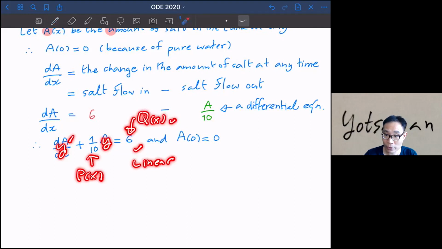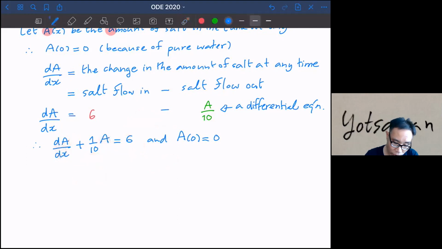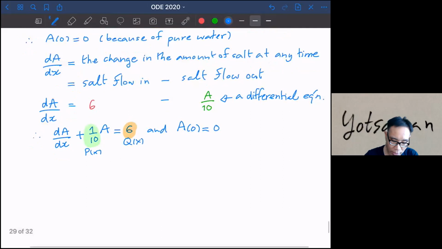So we're going to treat this as a linear equation and solve it by using the formula. For this one, you have 1/10 for p(x) and 6 for q(x).